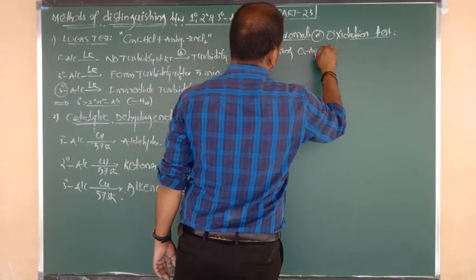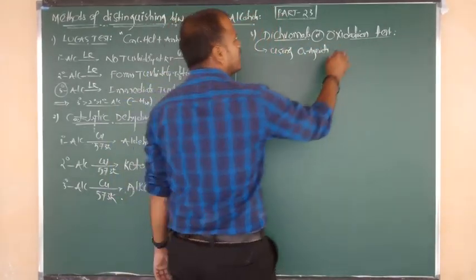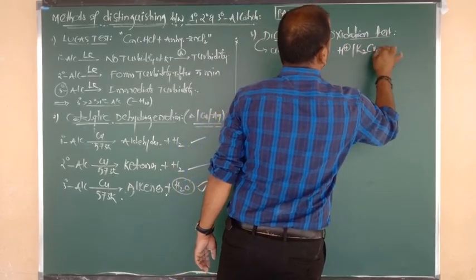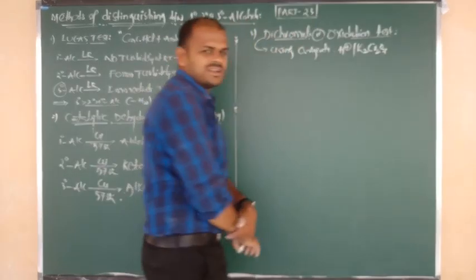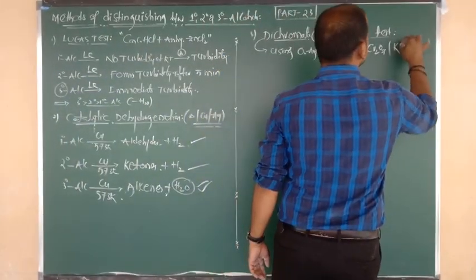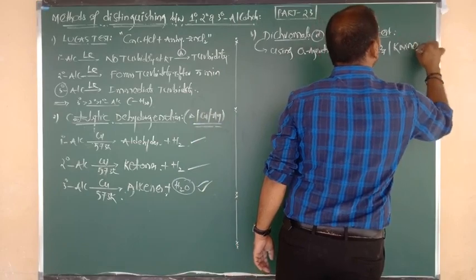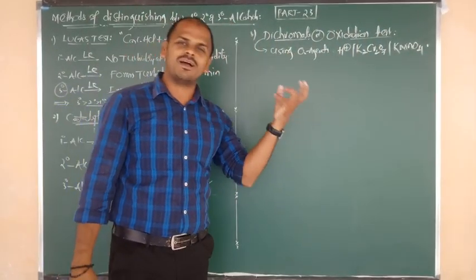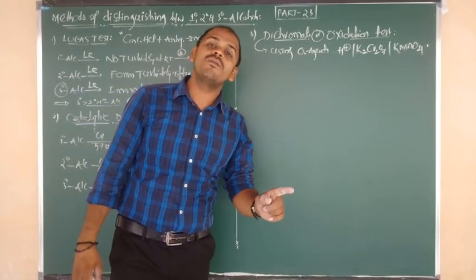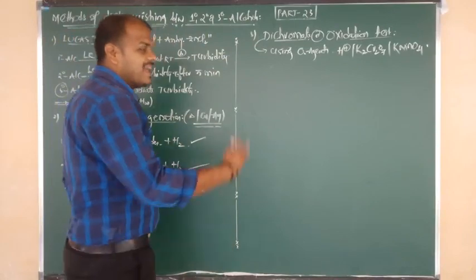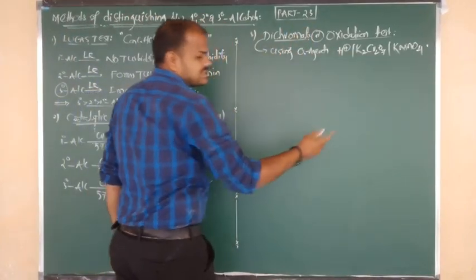Using oxidizing agents like acidified K2Cr2O7, acidified potassium dichromate, and also we can use acidified KMnO4, potassium permanganate. Like this, we can use powerful oxidizing agents in the distinction of various types of alcohols. Let us see how these oxidizing agents are useful.